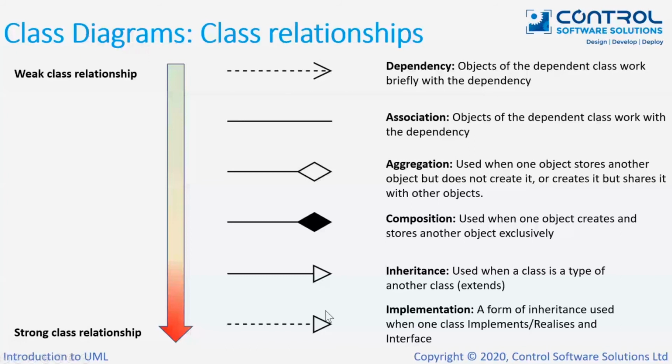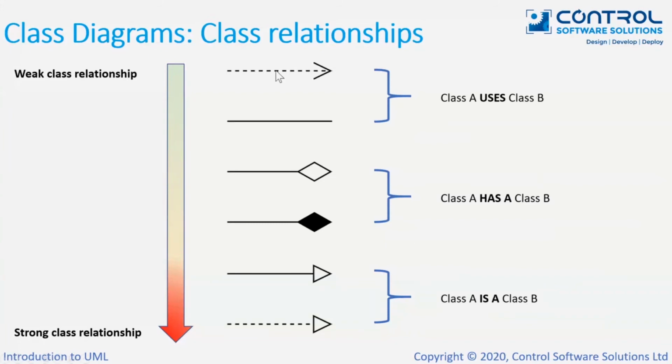So just a summary slide to break that down a little bit. We have these top two. This is where class A, for example, uses class B, so it's a uses relationship.